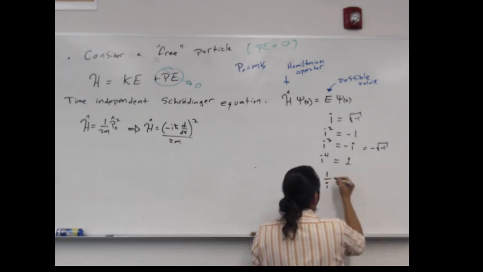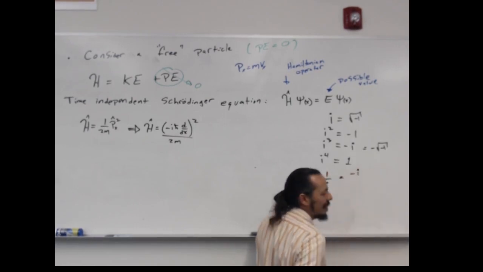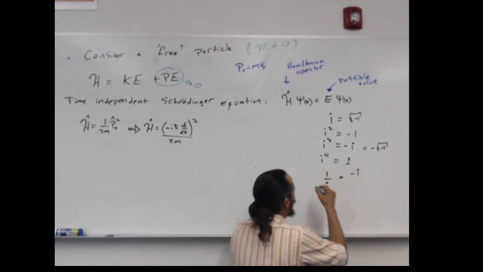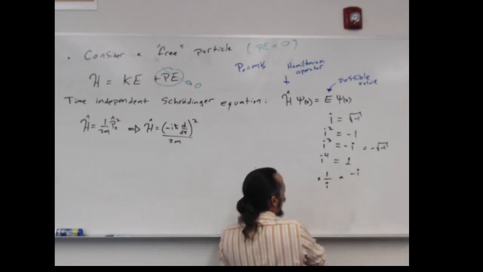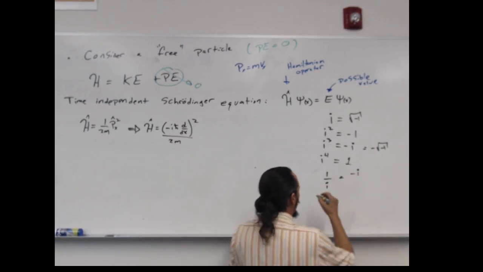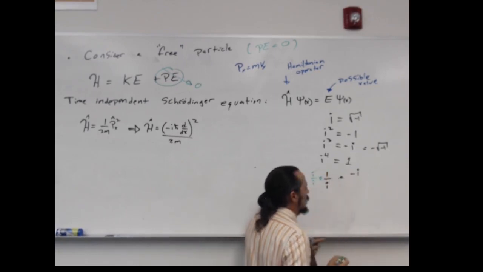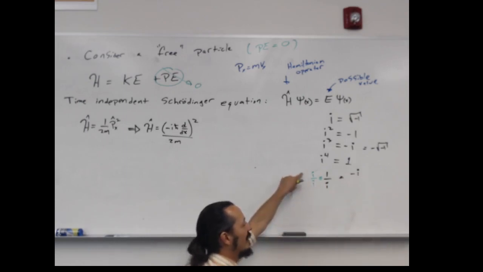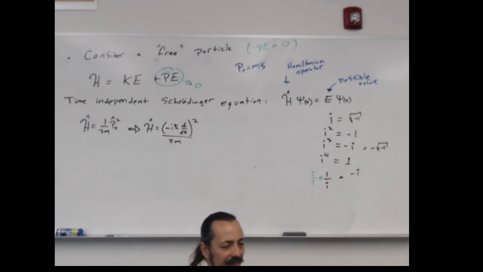1 over I ends up being equal to negative I. How is that possible? Well, if you take 1 over I and you multiply by I over I, you get an I on top and a negative 1 on bottom. That's negative I. So it's this kind of weird trick that you see every once in a while.